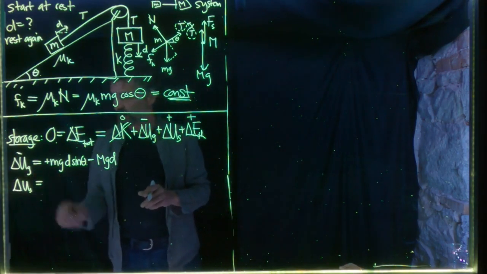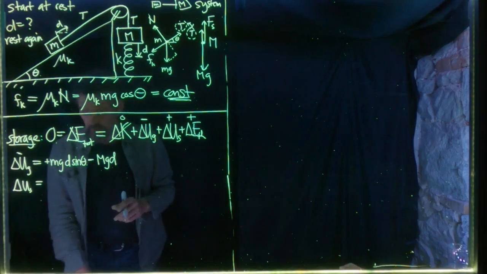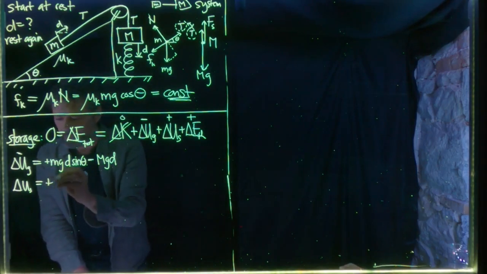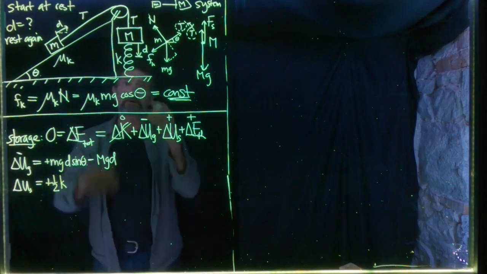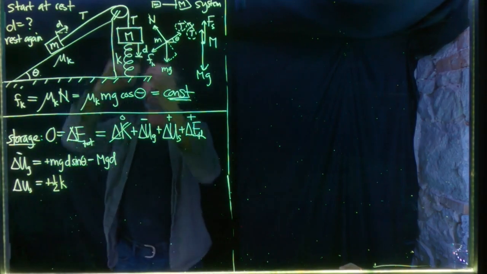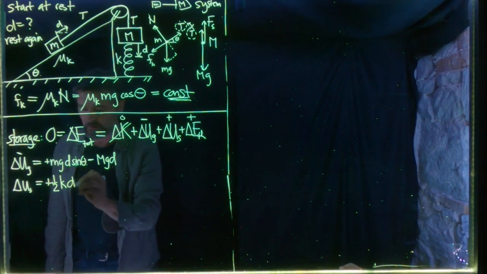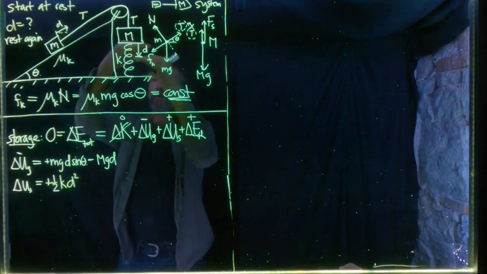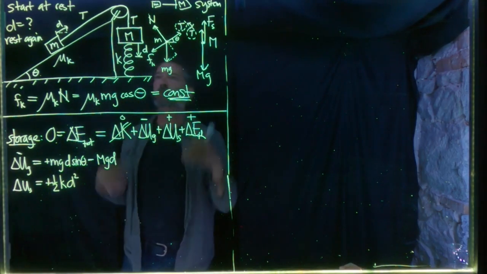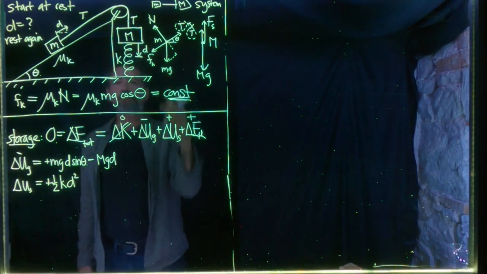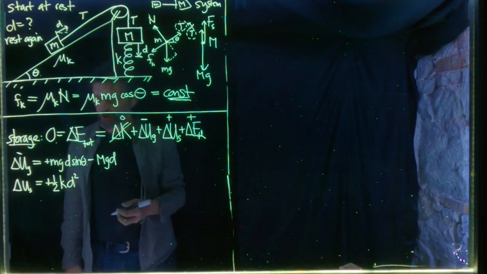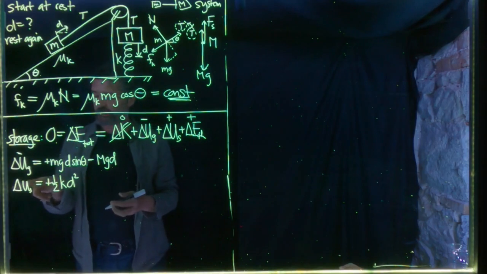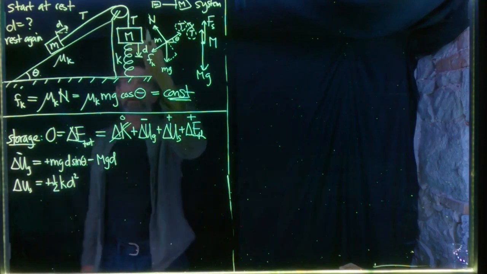So the change is going to be positive 1/2 k x final squared, how much it's been compressed, squared, so that's d squared, minus the x initial squared, and x initial is 0. It originally starts in the equilibrium position. And so the change in energy stored in the spring is positive 1/2 kd squared.